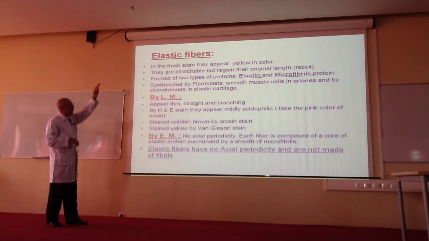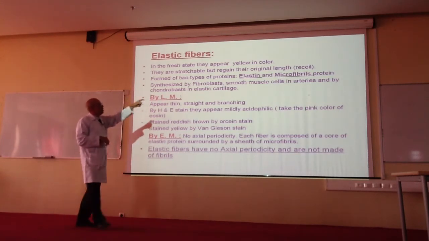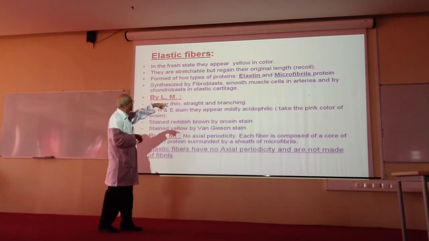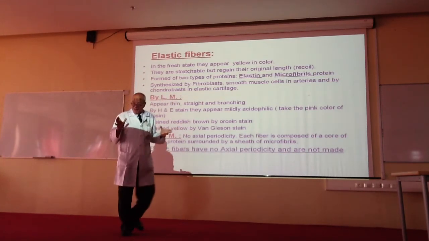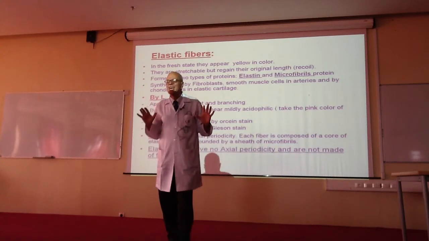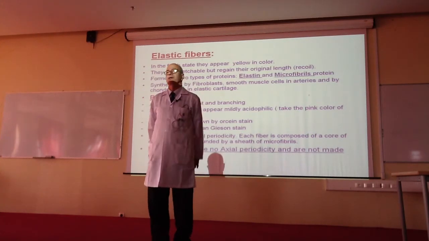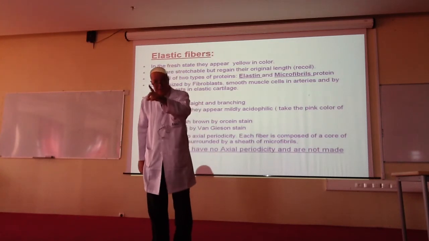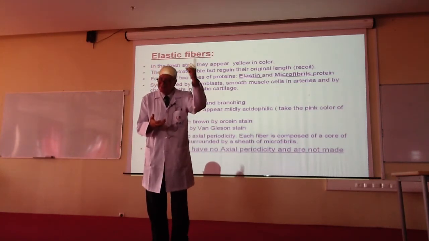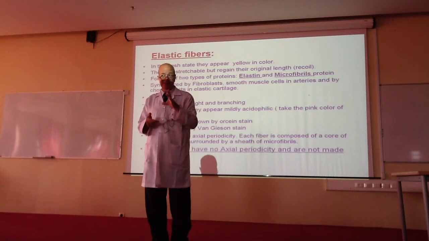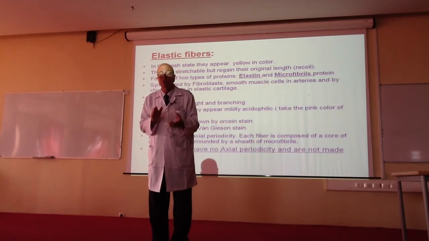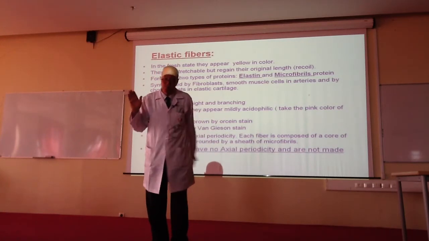Elastic fibers are synthesized by fibroblasts in connective tissue, and smooth muscle cells in arteries can synthesize the proteins of the artery, whatever it is, collagen or elastic. So what are the functions of smooth muscles?